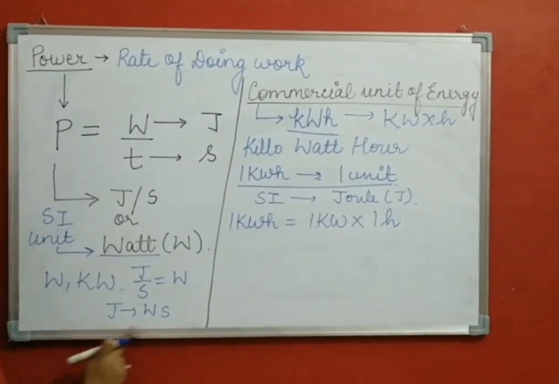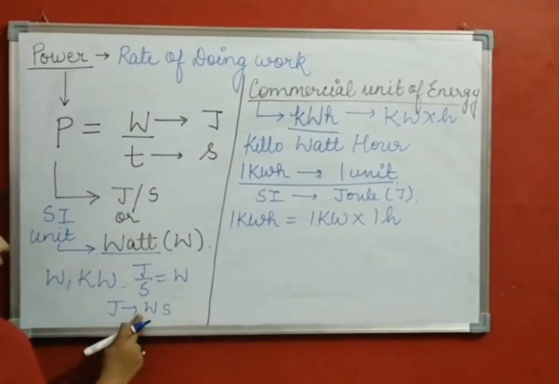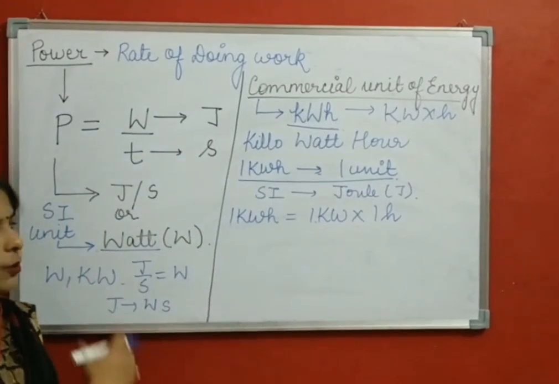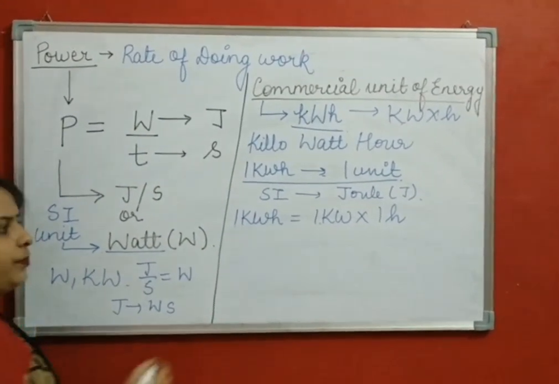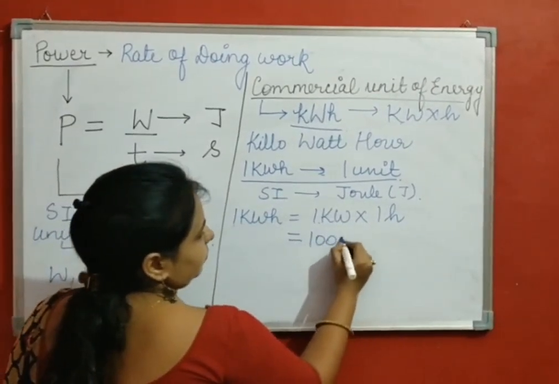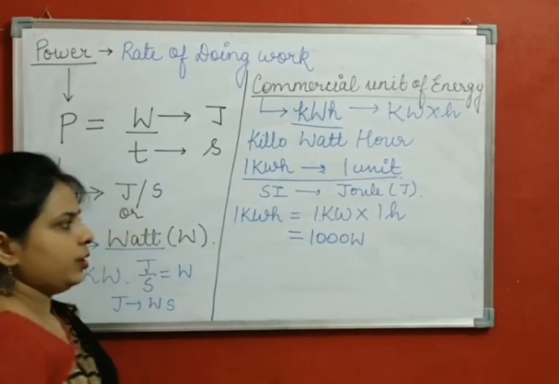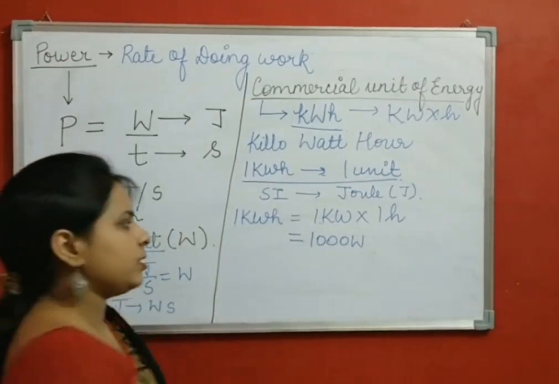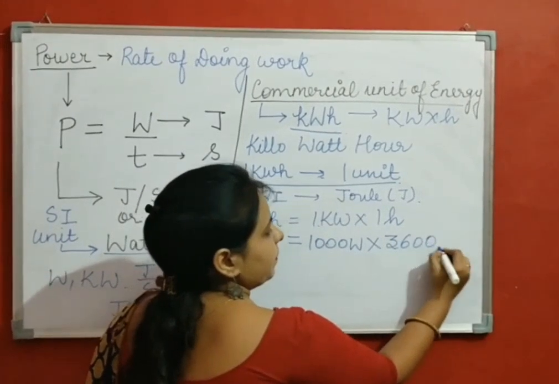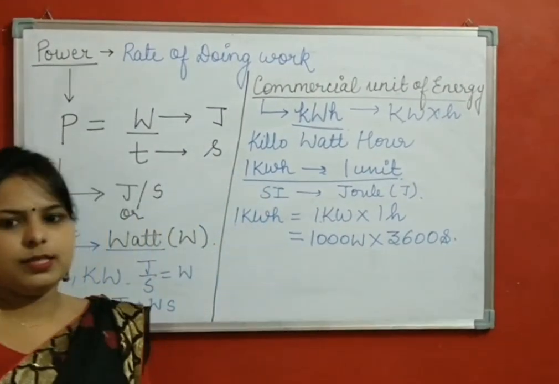If you convert kilowatt into watt and hour into second, you will convert the commercial unit into the SI unit. So how many watts will be there in 1 kilowatt? 1000 watt. And how many seconds are there in 1 hour? 3600 seconds.